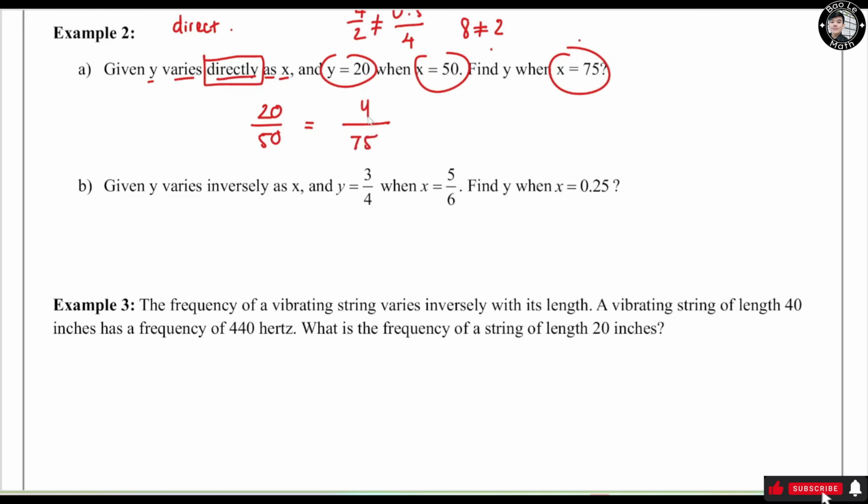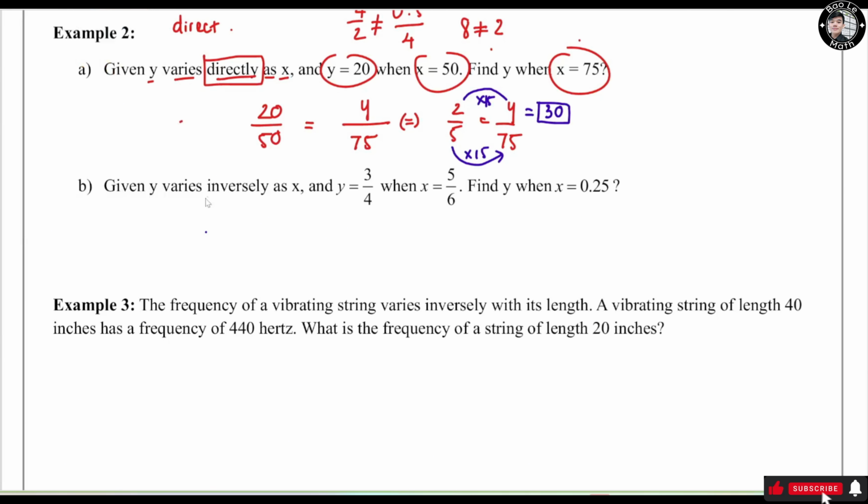Simplify 20 divided by 50 to get 2 over 5 equals y over 75. 5 times 15 equals 75, so multiply by 15 on the top. So y equals 30 is the final answer.